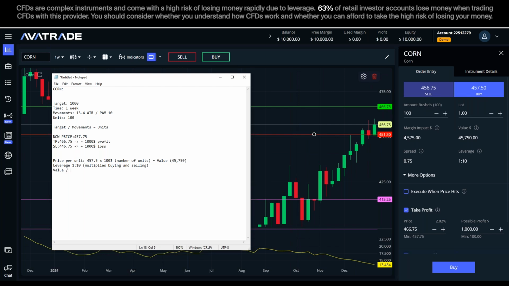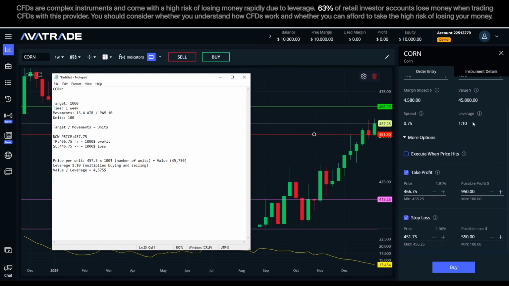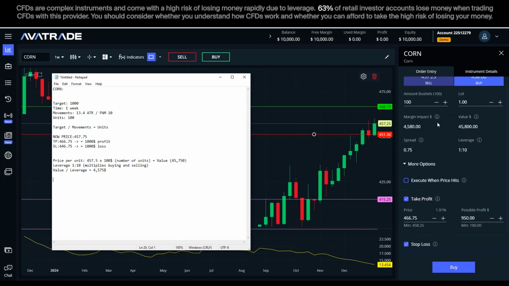So the value divided by leverage equals margin impact, which in our case is 4,575. Very, very simple. And like I said, you don't really need to do this by yourself, but MT5 or MT4 is not going to calculate it for you, so you better at least know how much money you need.